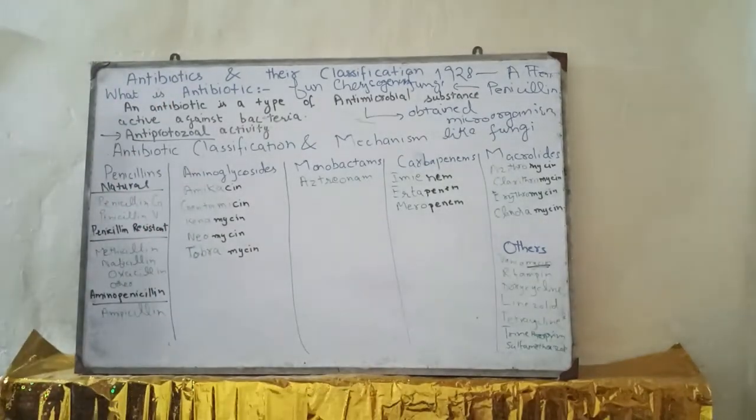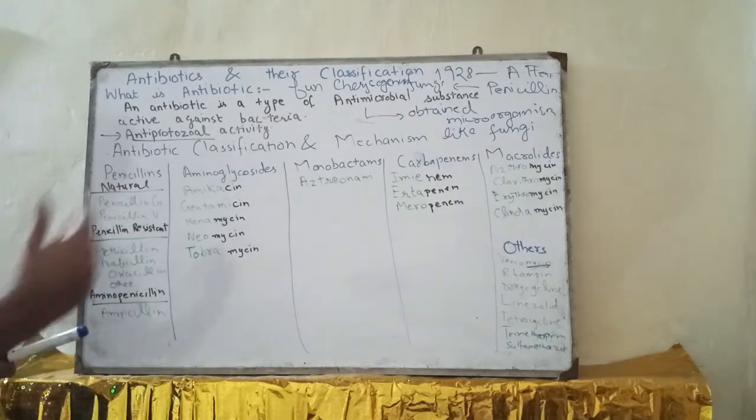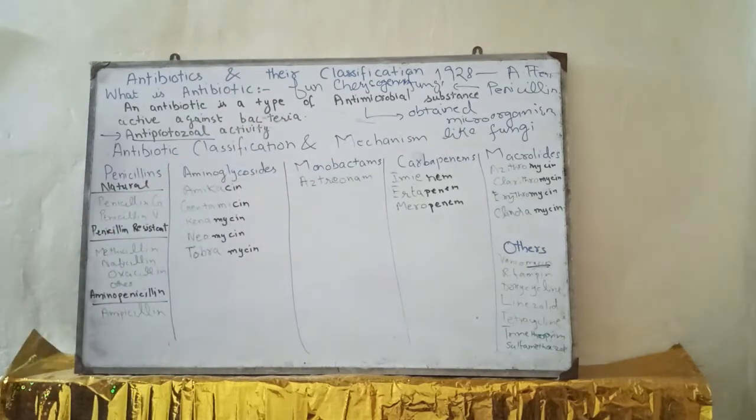First we come to penicillin. Penicillins have three major types. First is natural penicillin. Natural penicillins are obtained from natural sources like the fungus Penicillium chrysogenum.